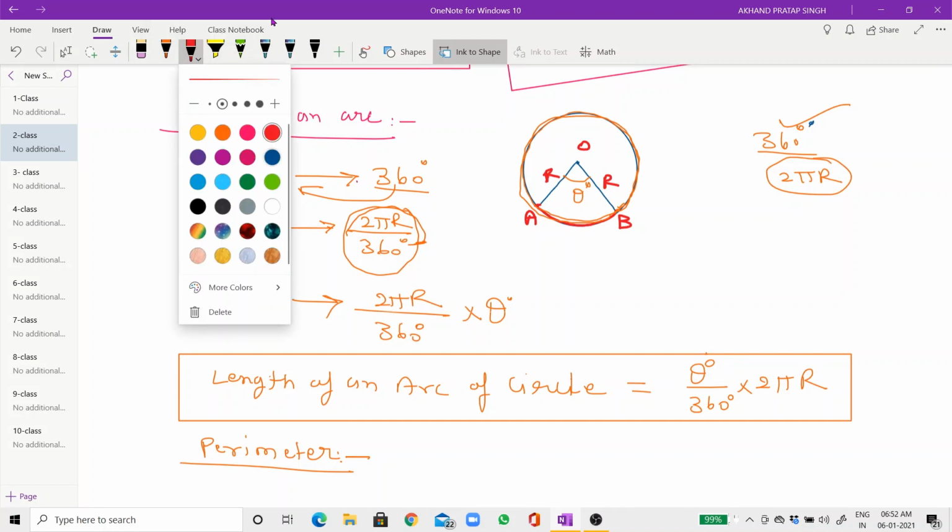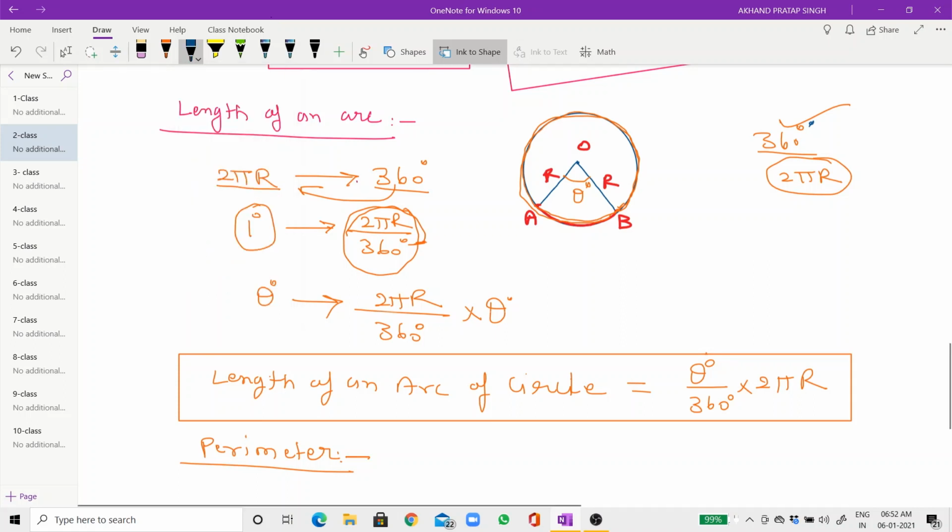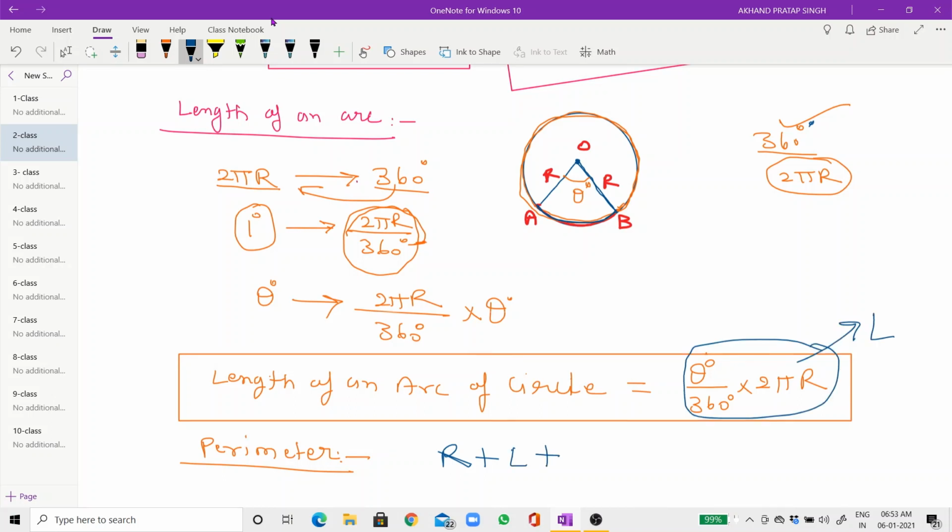Start from the center: this much is r, and up to this portion it is r, plus this portion. This value we have considered as L. So L plus this portion r.